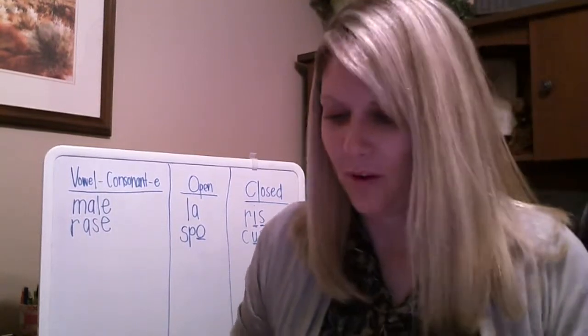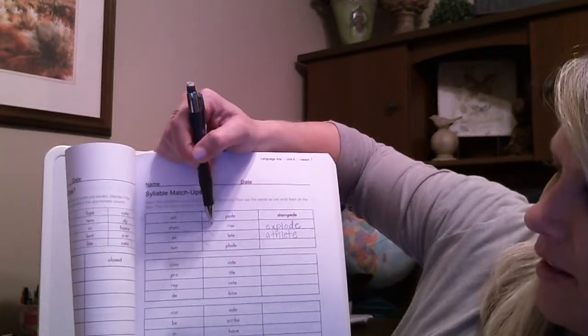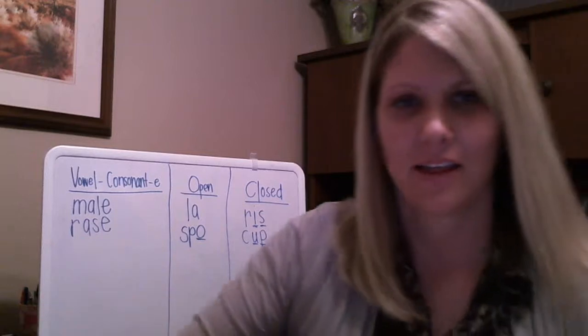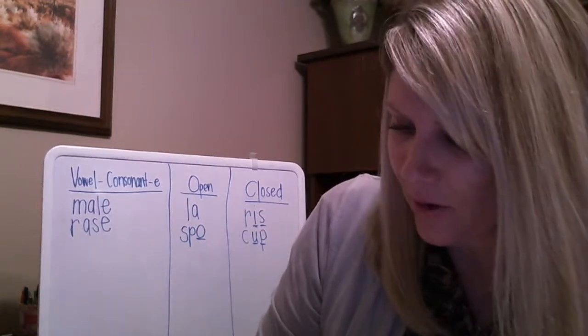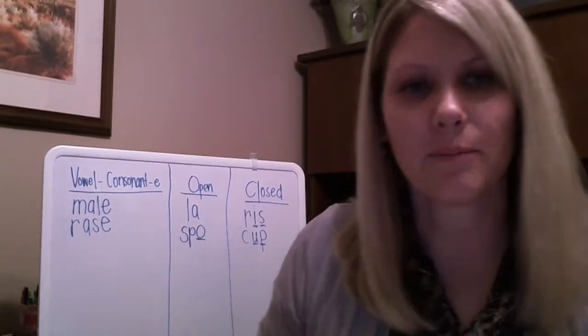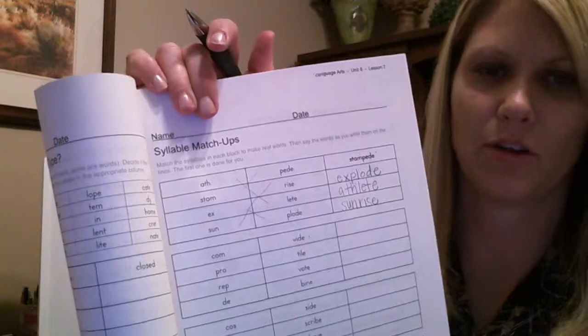Okay, and we'll do our last one, and that's pretty easy because it's the only ones left. We've got sun and rise. So sunrise. Then I would write sunrise. And you're able to see the two different syllables that make up the words.